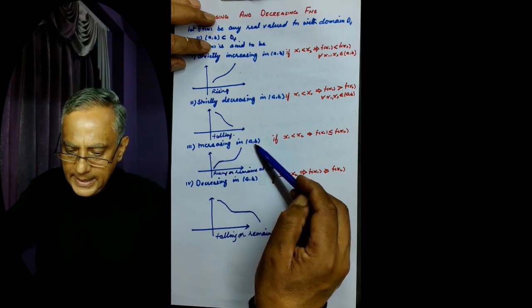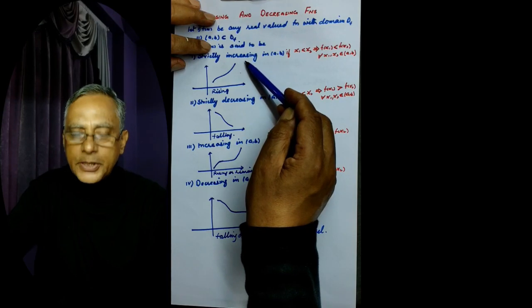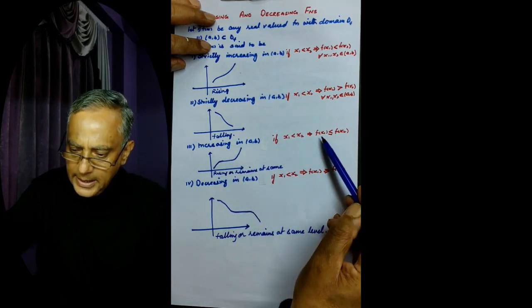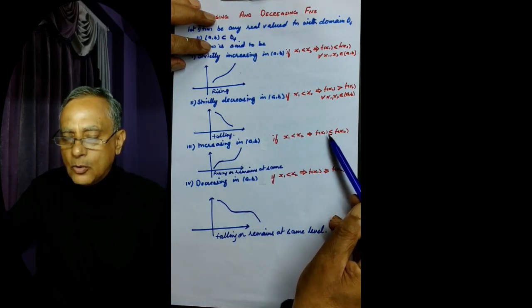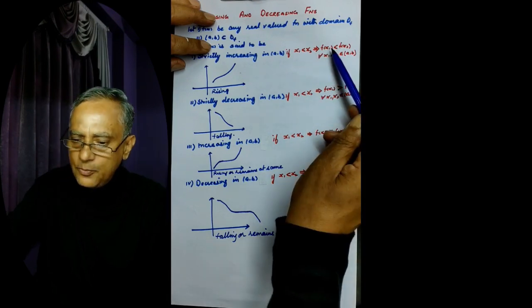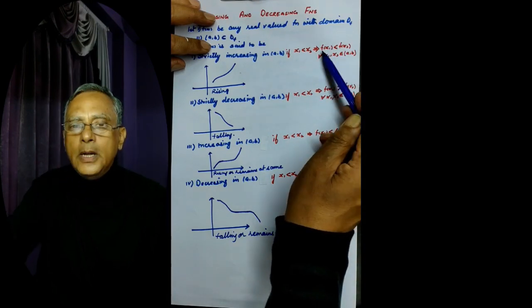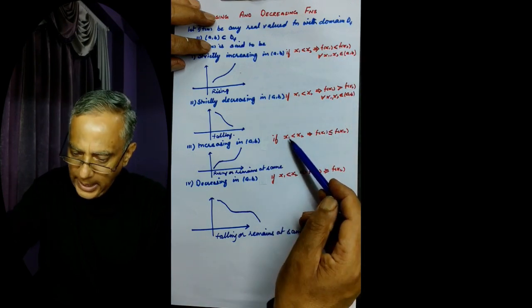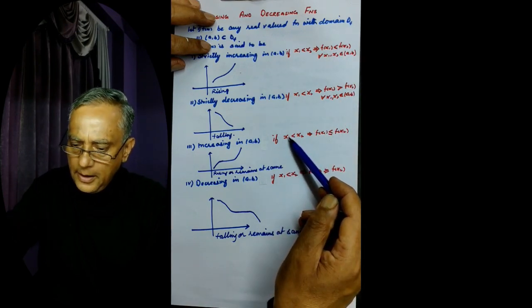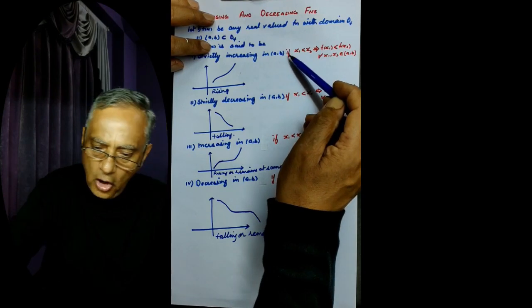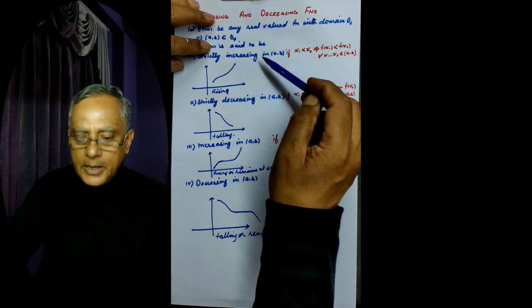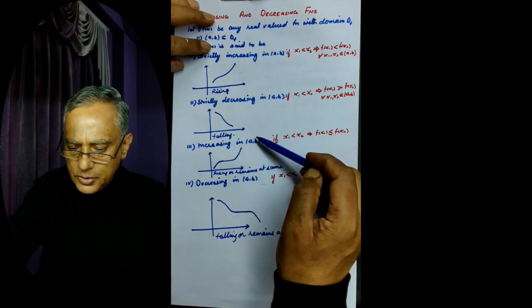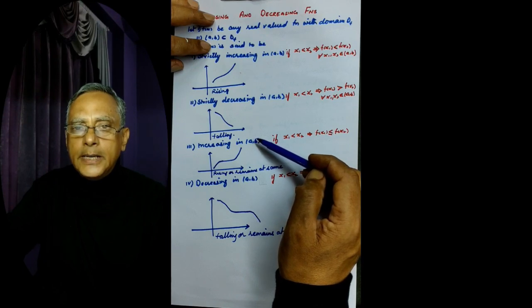If it is increasing in (a, b), it may not be strictly increasing, because here the values can be equal. For strictly increasing functions, f(x1) cannot be equal to f(x2). So an increasing function is not necessarily strictly increasing, but a strictly increasing function is always monotonically increasing also.